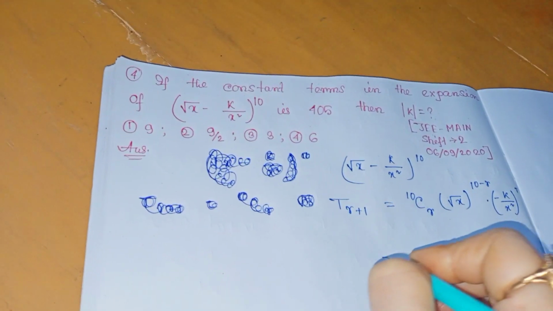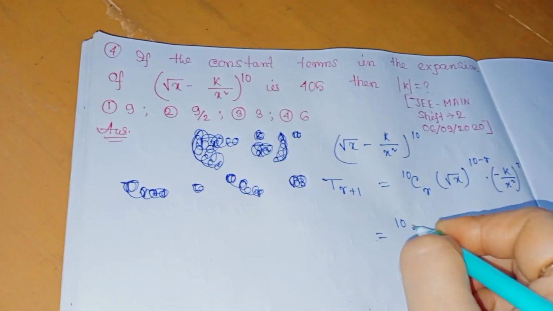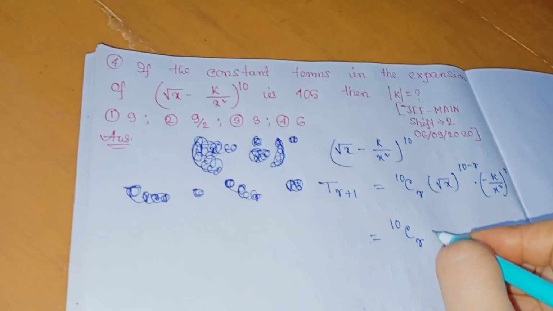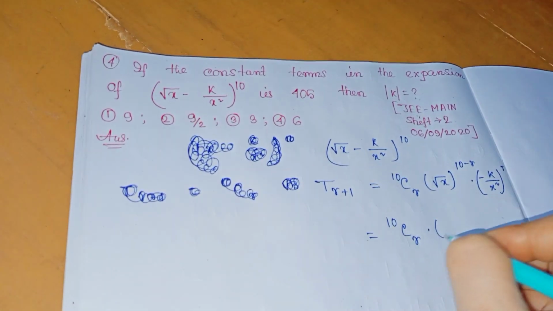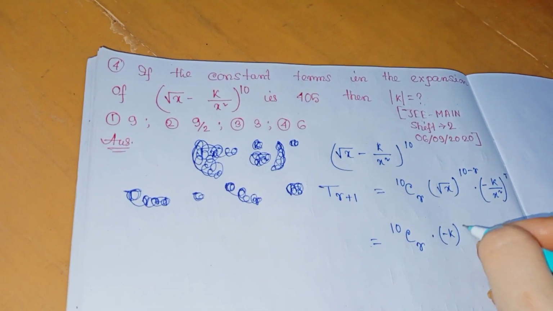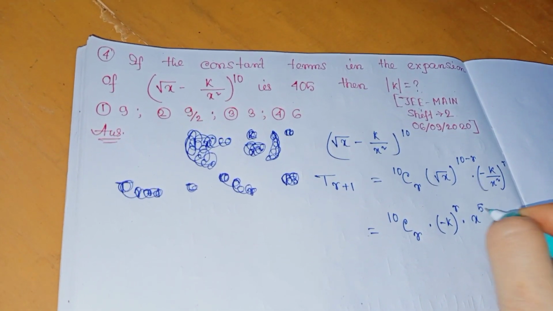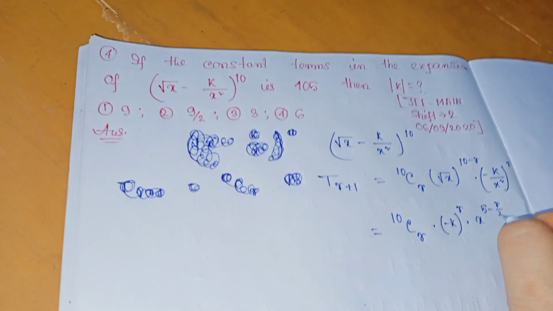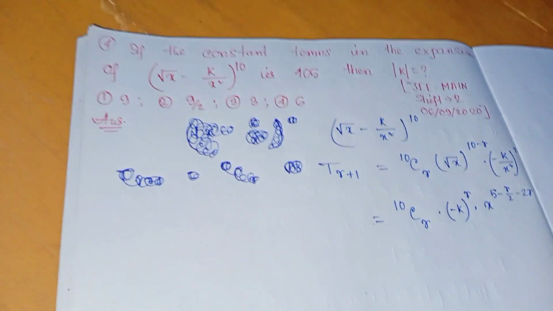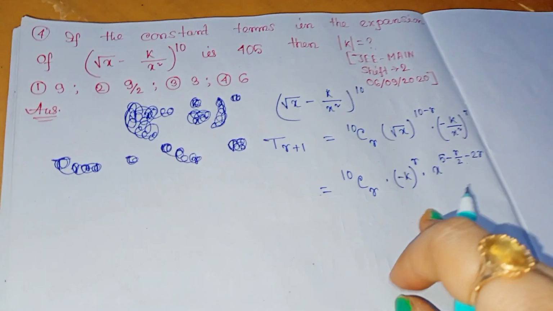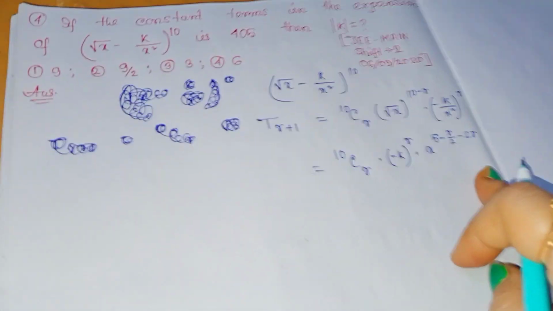So that is equal to 10Cr into (minus k) whole to the power r into x to the power (10 minus r) by 2 minus 2r. So this is the general term.